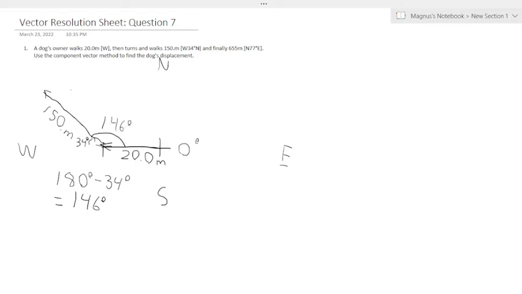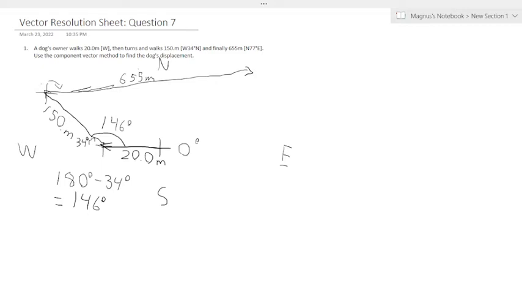Okay, finally, we go 655 meters north, 77 degrees east. So we know up is north, and from north we go 77 degrees east. So we're going to have a very shallow angle. Going for a very long line. 655 meters.